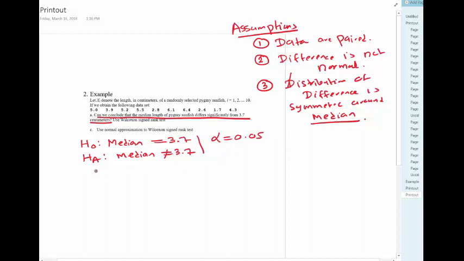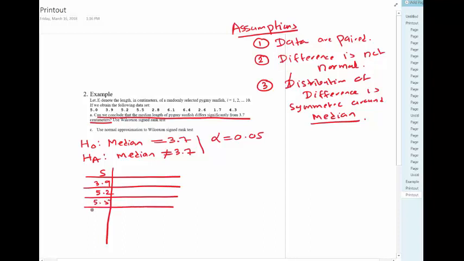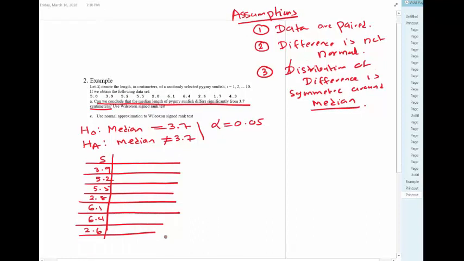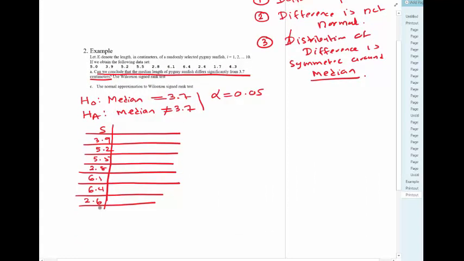Now let's write down the values. So I have these data values: 5, 3.9, 5.2, 5.5, 2.8, 6.1, 6.4, 2.6, and two more values, 1.7 and 4.3.